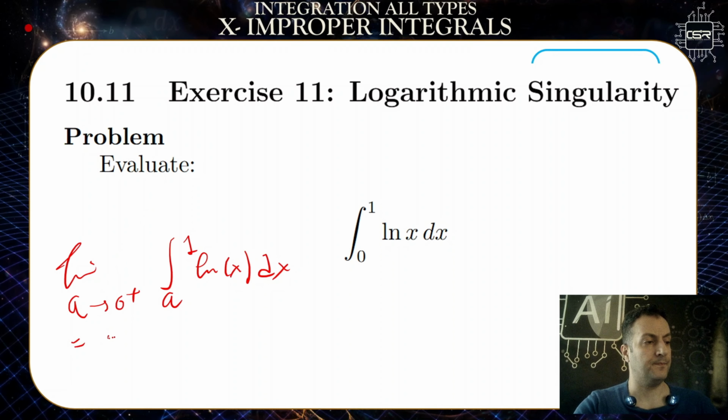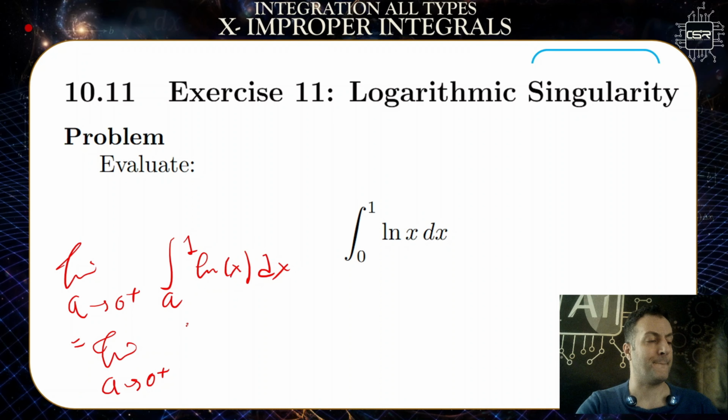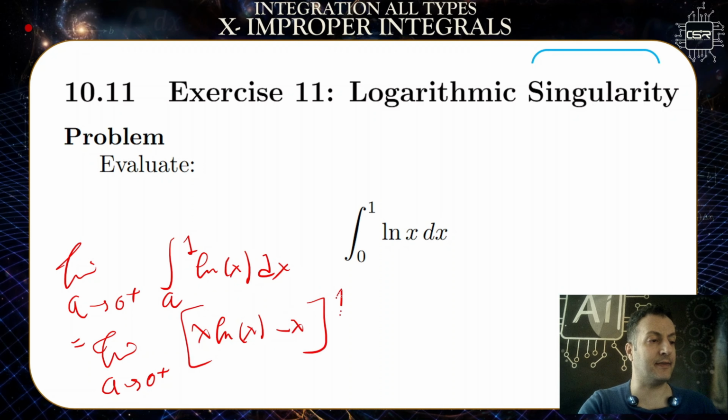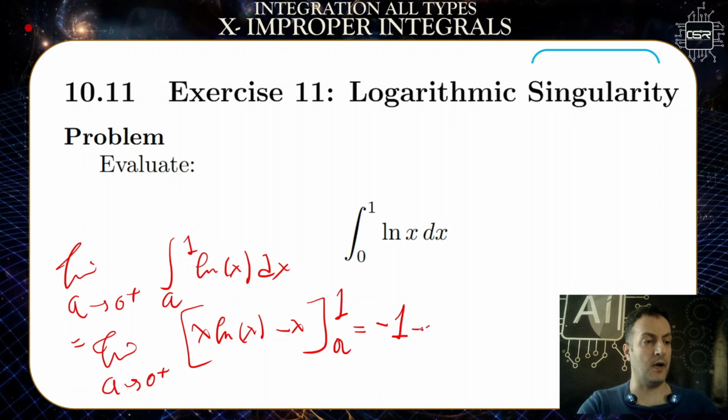This is equal to limit a approaching 0 plus of x ln x minus x between 1 and a, equal ln 1 is 0, and minus x is minus 1, minus a ln a minus a.